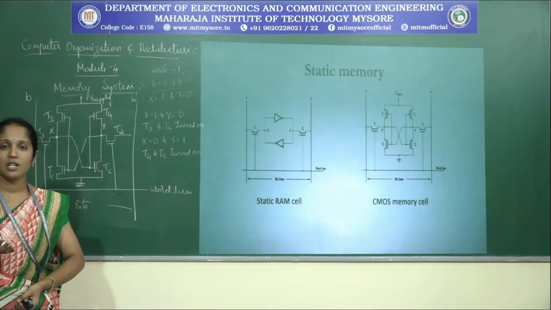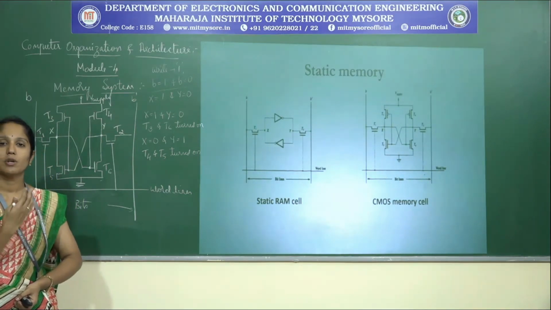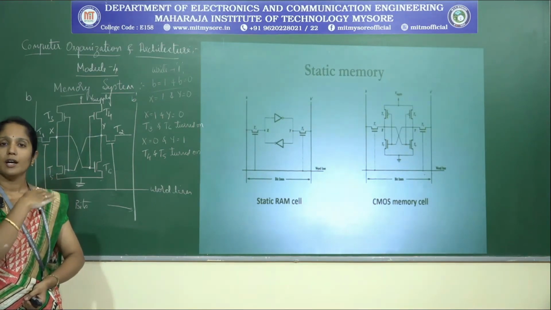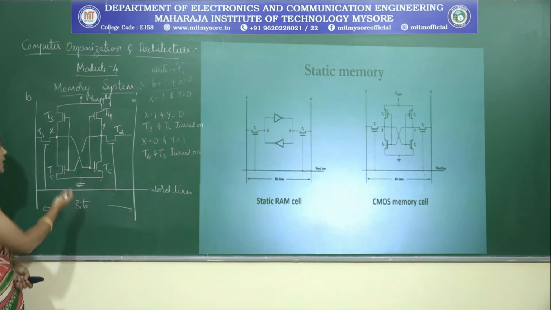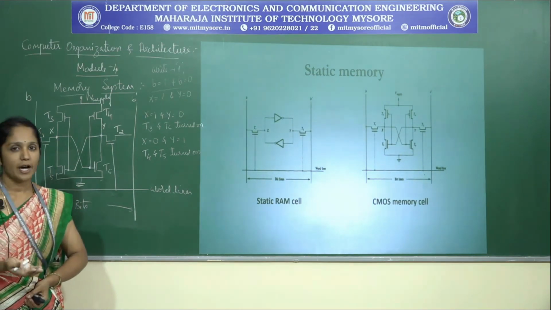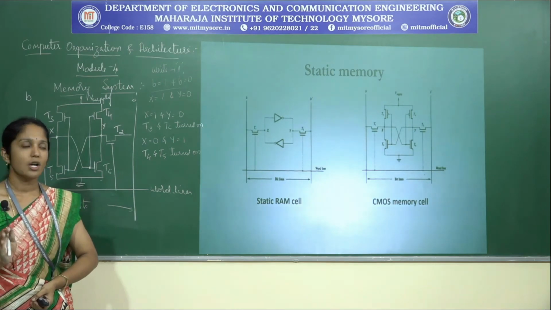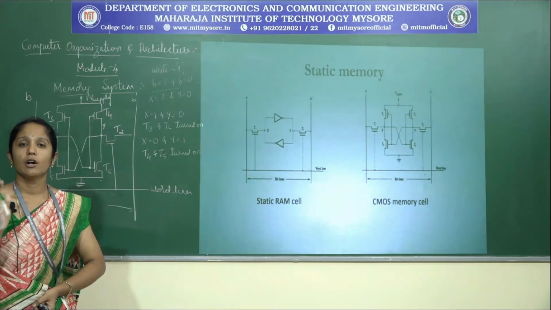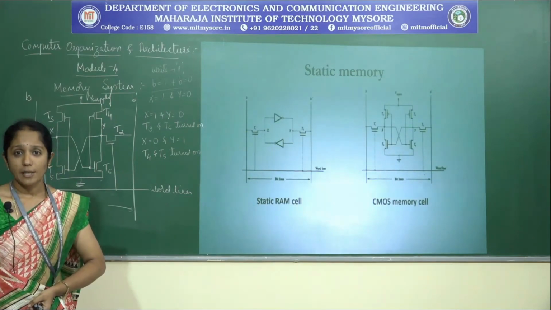If it is a write operation, whatever bits need to be written into the cell will be sent over B and B dash, those bits will be copied, and accordingly the latch value will be updated. But remember, this value will be stored only as long as the supply is on.